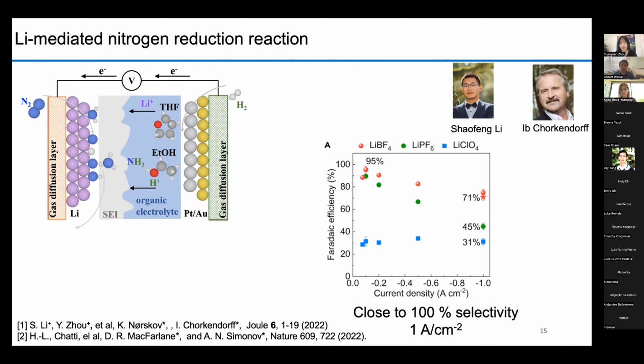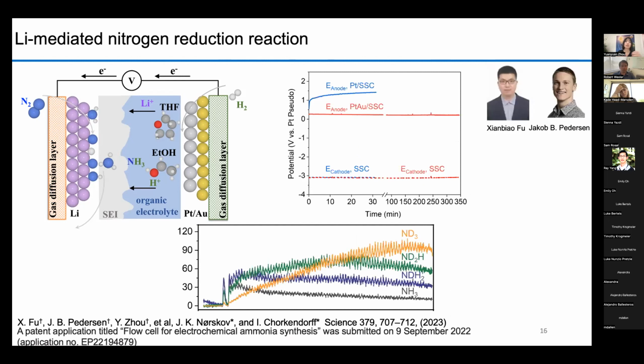In the current development of the lithium-mediated process, the Faraday efficiency is close to 100% selectivity, with a high production rate at 1 amp per square centimeter. But there are still challenges.